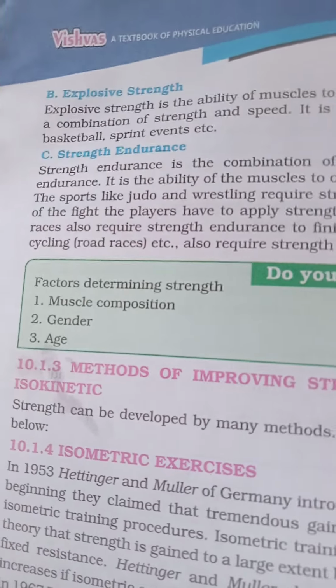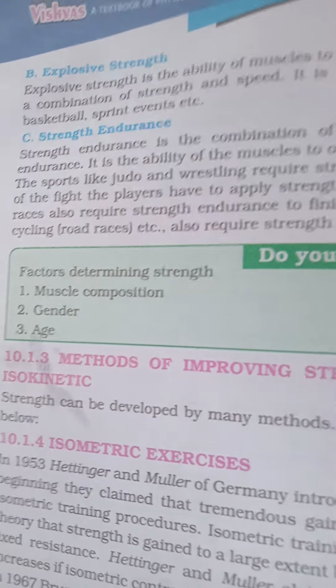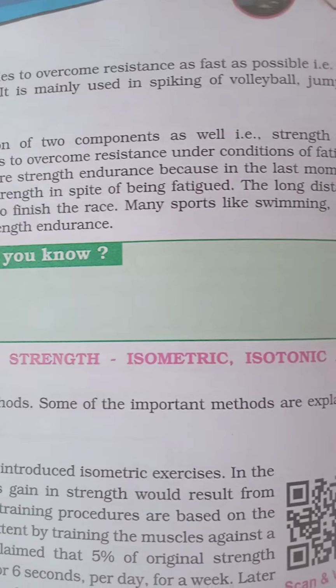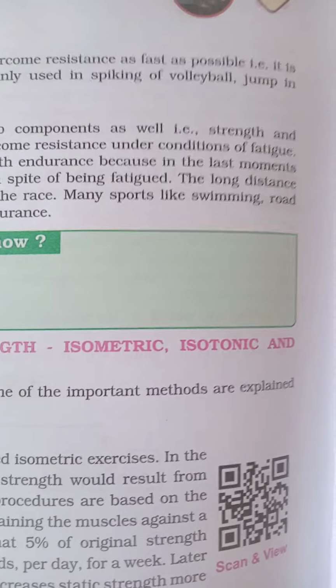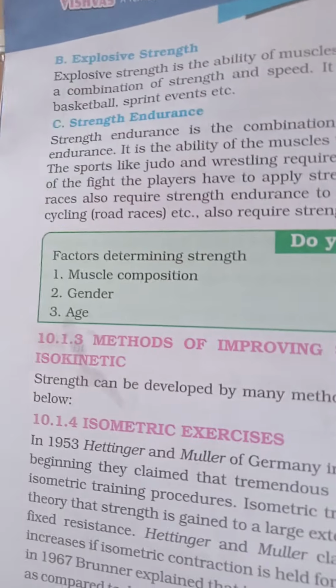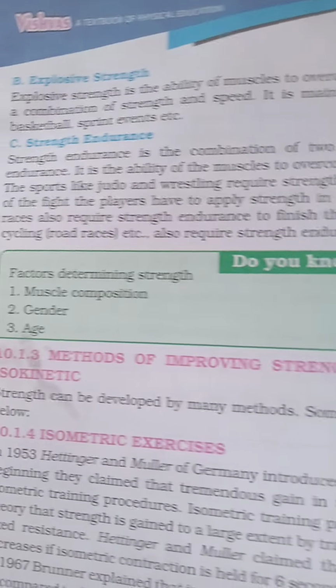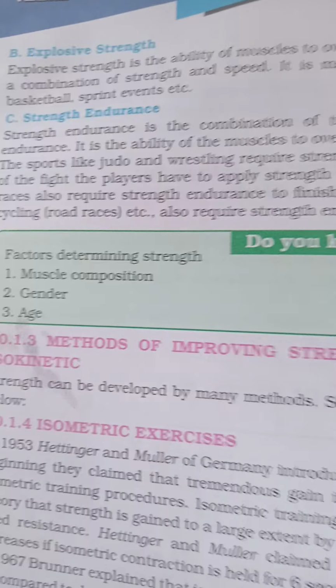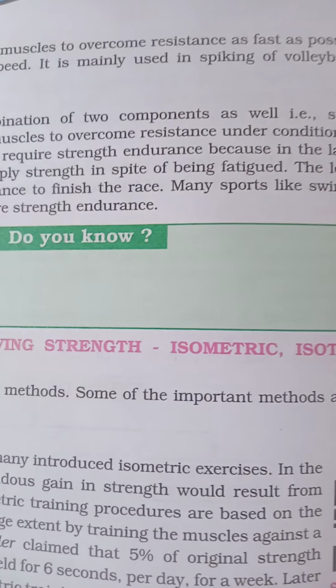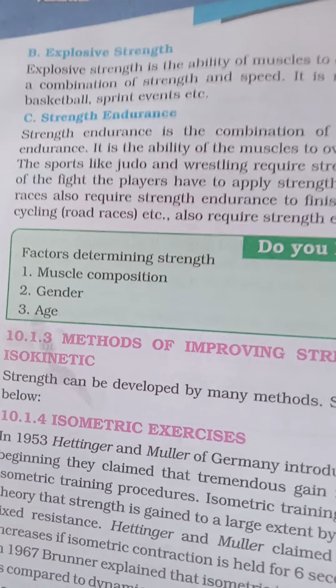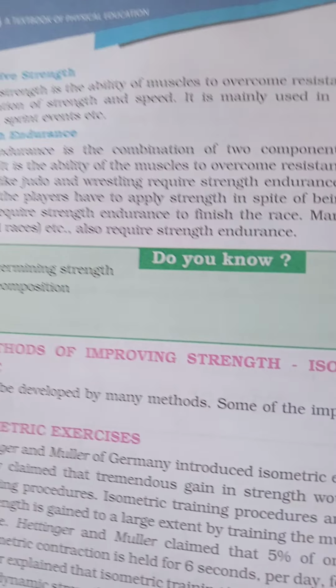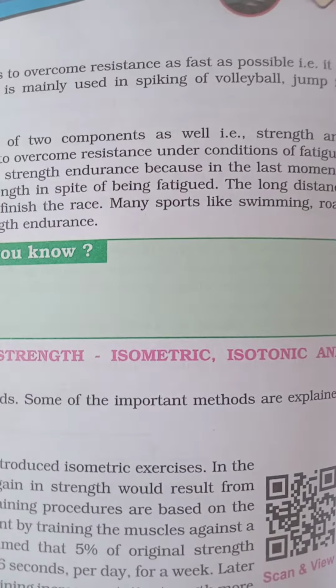Strength endurance. Strength endurance is the combination of two components as well, that is strength and endurance. It is the ability of the muscle to overcome resistance under conditions of fatigue. Sports like judo and wrestling require strength endurance because in the last moments of the fight, the players have to apply strength in spite of being fatigued.